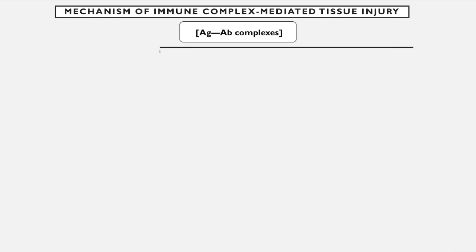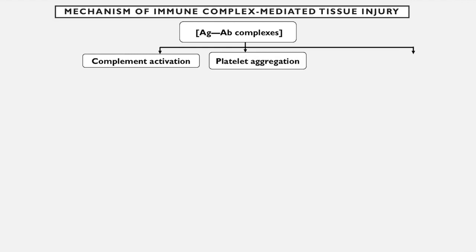Now, mechanism of immune complex mediated tissue injury. First of all, antigen and antibody make the complex, which activates the complement. It also aggregates platelets and activates Hageman factors.